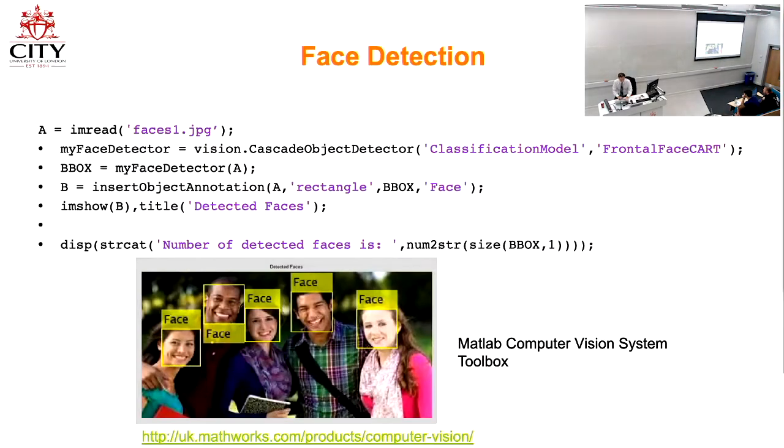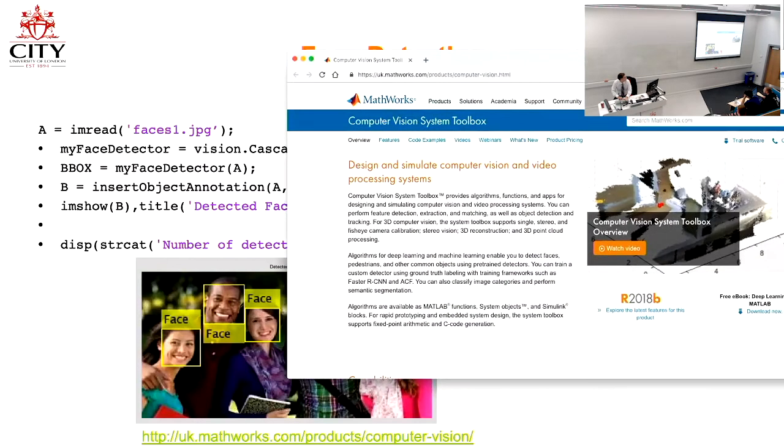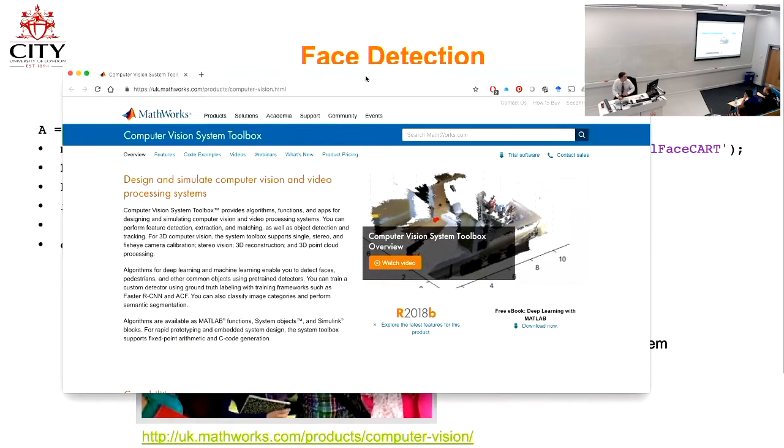Okay, so this is another thing that I wanted to show you. This is a very good link on the MathWorks website. If I can bring it over. This is the Computer Vision System Toolbox.